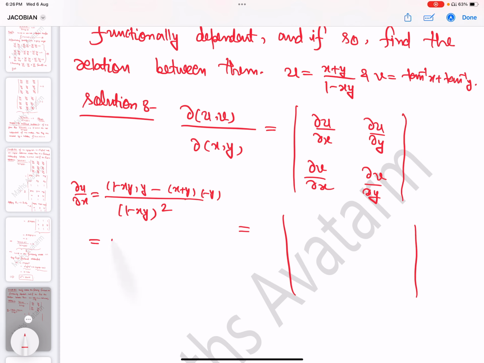So what will be this? 1 minus xy square plus xy plus x plus y square.